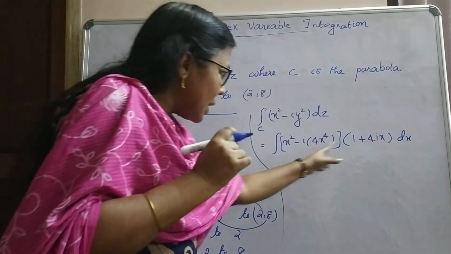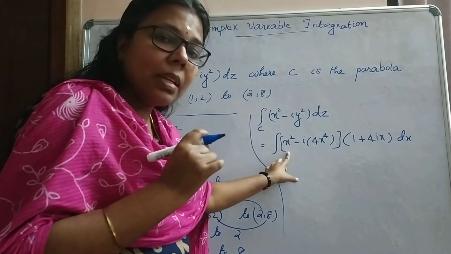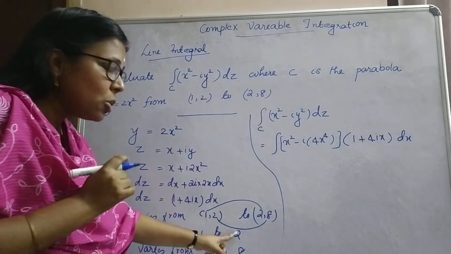Here the integration contains only x and dx, therefore we need the limit for x only. Here x varies from 1 to 2.